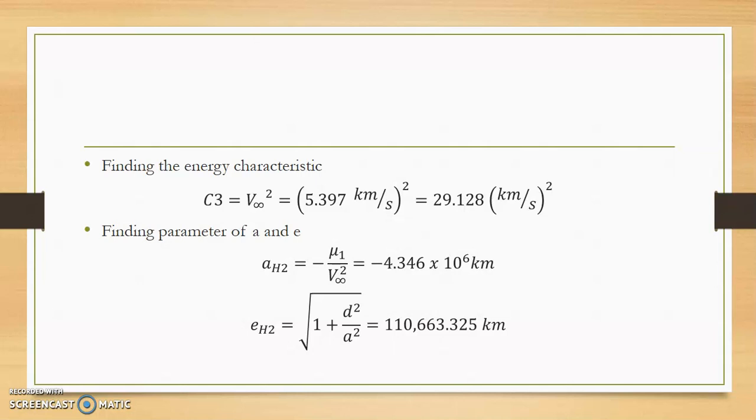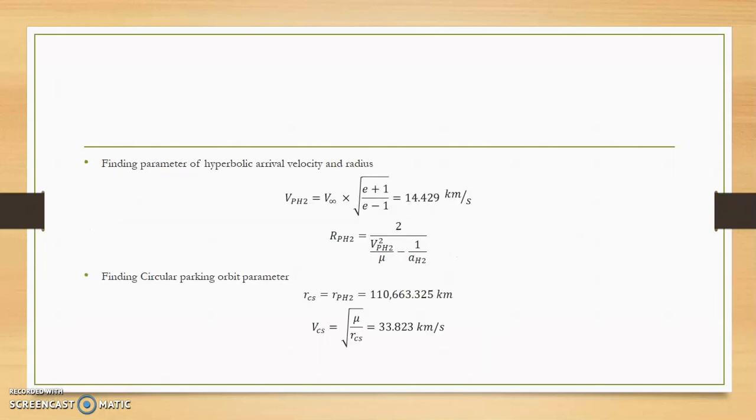So we can find the semi-major axis and the eccentricity as shown on the screen. We have a semi-major axis of minus 4.346 times 10 to the power of 6 kilometers and the eccentricity, and 11,663.325 kilometers.